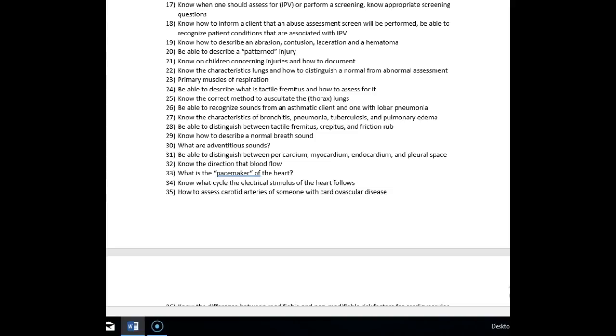Okay, the next question is number 20 about the pattern injury. We already discussed that even when we were playing Jeopardy. That's when the object leaves a distinct pattern on the skin. So you could look at it and say, oh, they did that with a meat pounder, because it has these little blocks on the end, and then they hit a person.